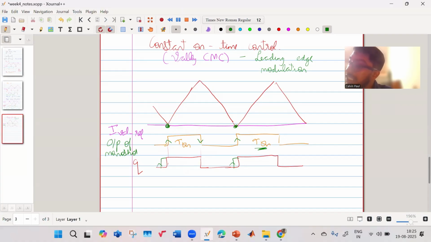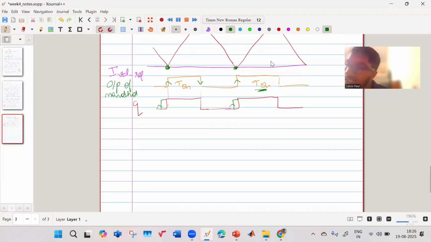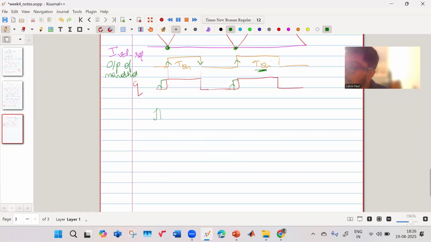That turning on, that leading edge, is the one being modulated. So that's why this is known as a type of leading edge modulation. Okay. So now we have seen these techniques. There are two variable frequency control techniques we have seen, and two fixed frequency control techniques. Now we will consider a technique known as hysteresis current mode control.